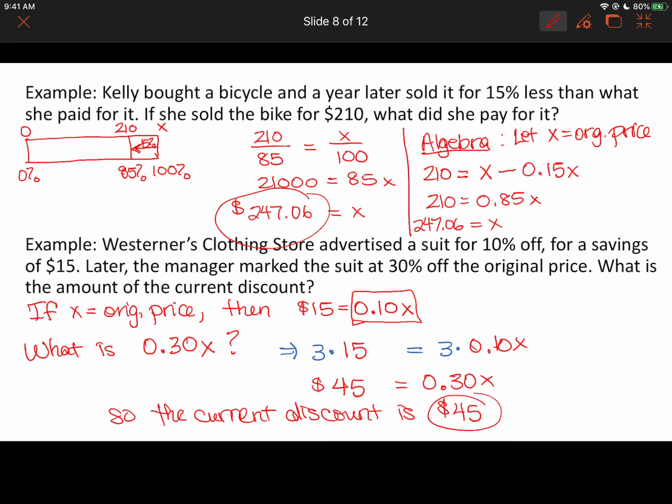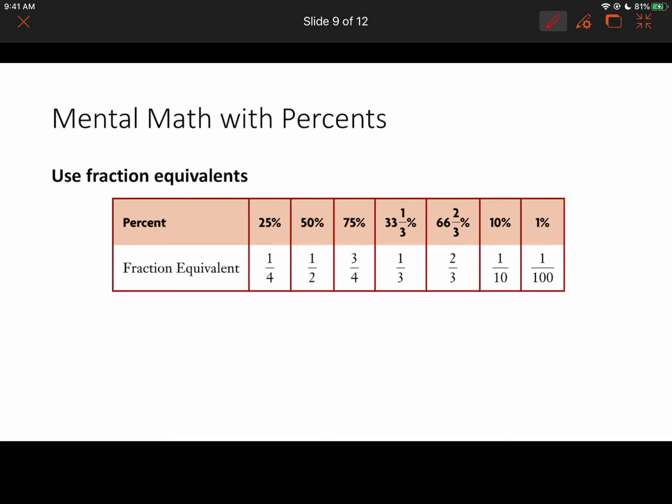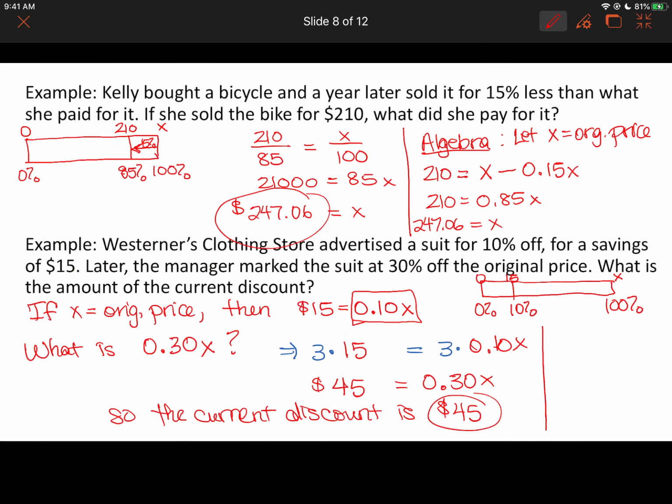Now, alternatively, you could have found the original price using your percent diagram. So 0%, we know that 10% is 15 up here, 100%, and we're looking for X. Again, you set up your ratio. 15 over 10 equals X over 100.